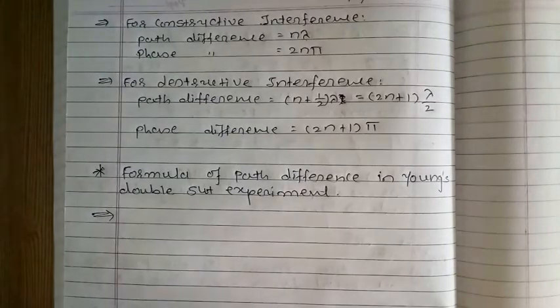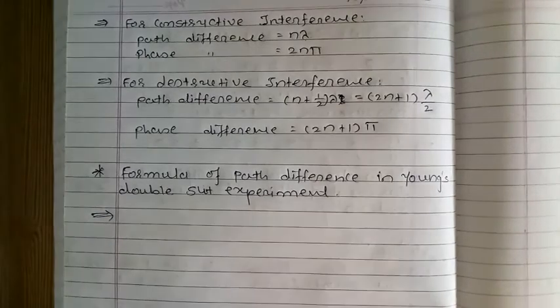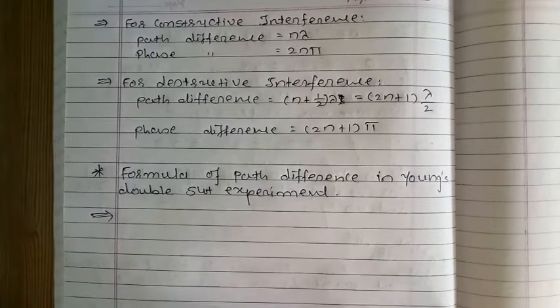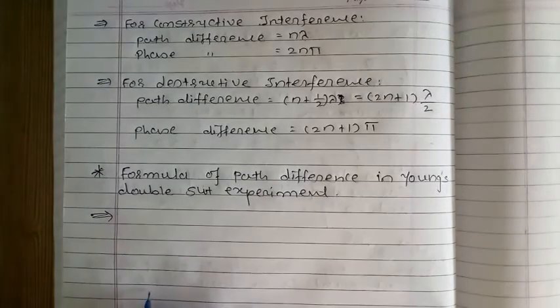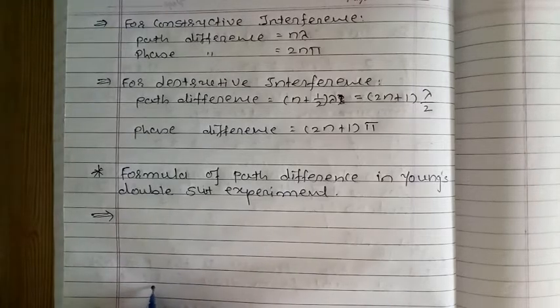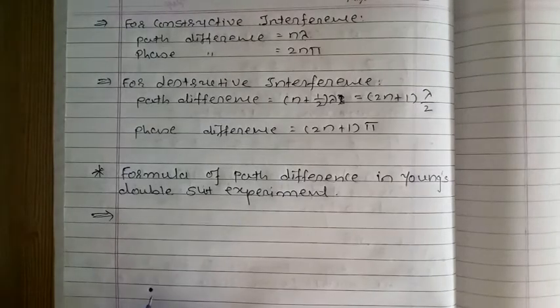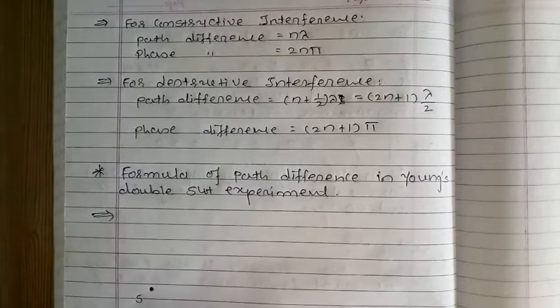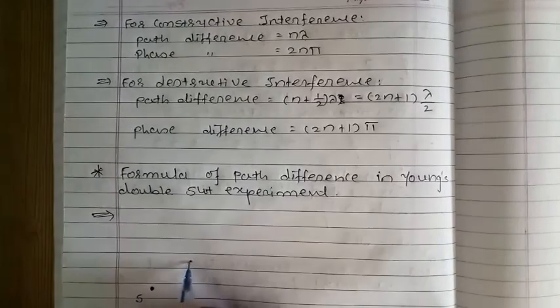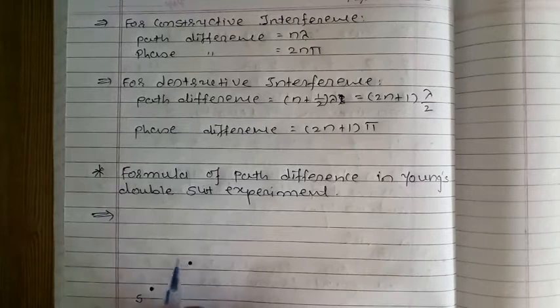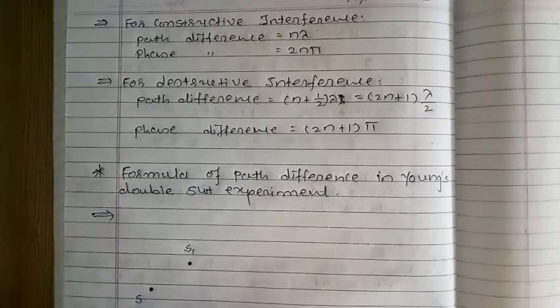Now we discuss the formula of path difference, right? See here, this is the slit S, right? Now this is the slit S1 and this slit is S2, right?